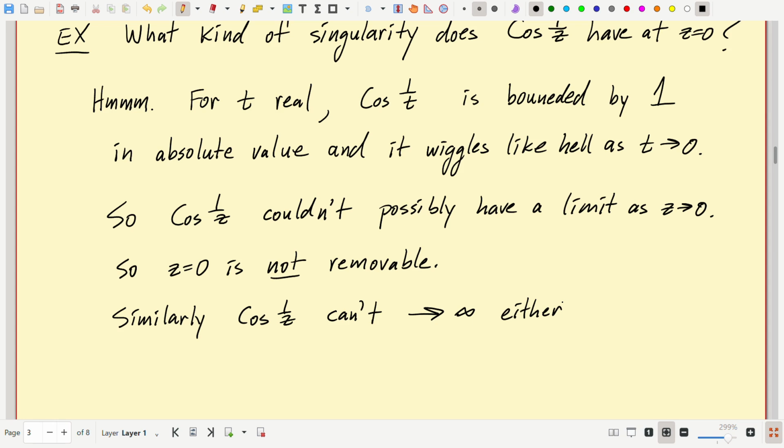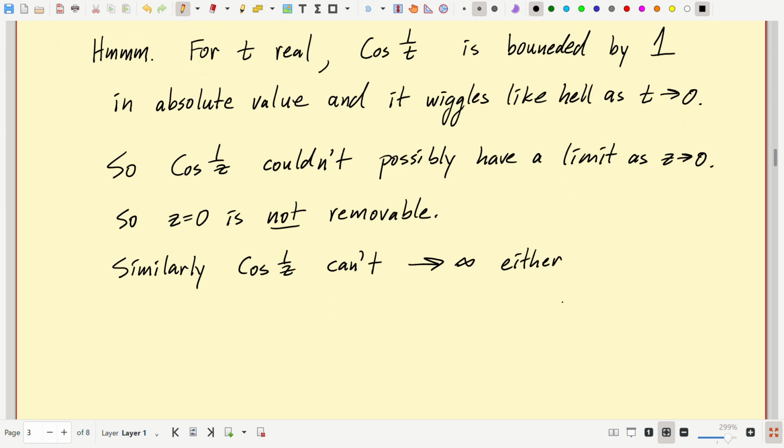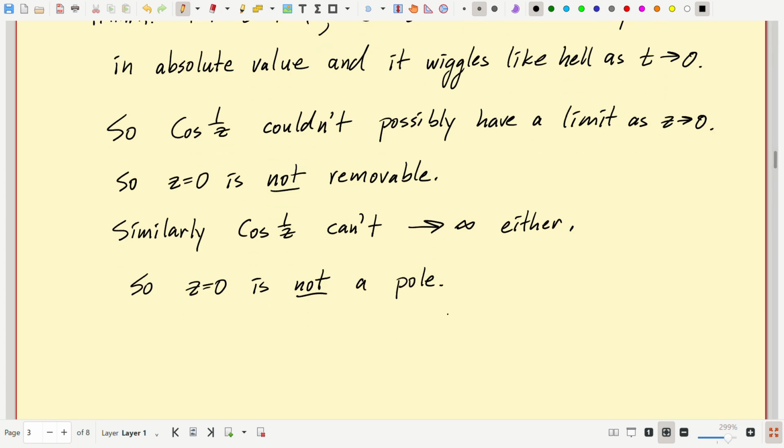It would have to go to infinity on the whole punctured disk. So it's not a pole. And so that leaves us with the last possibility, it's got to be essential. So we've ruled out the other cases, and so it must be essential.